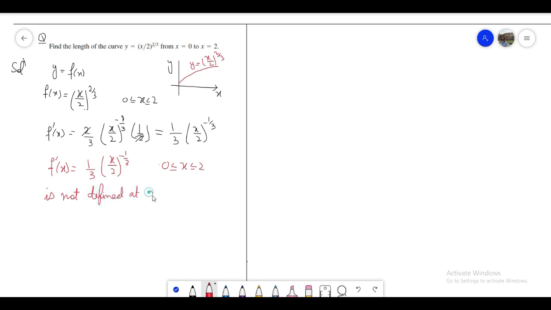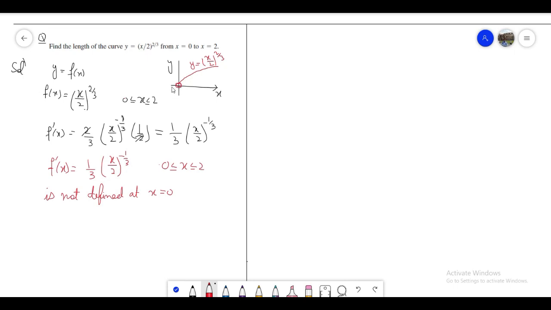Because of this minus, this will reciprocate, and it will become 2 over 0, and 2 over 0 is infinity. This is why I have not defined the graph of the function over here, because at 0 this is undefined.